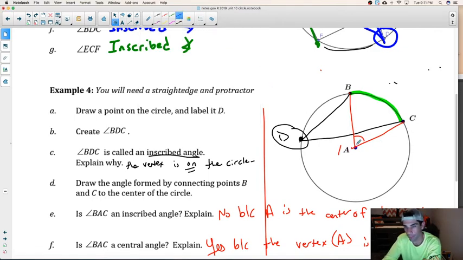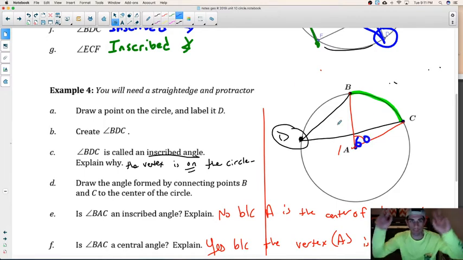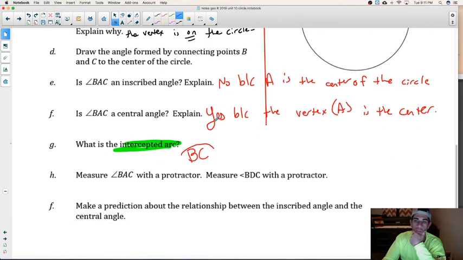Let's pretend I looked at this and it was 60. I measured it with a protractor. Then I'm going to measure BDC, and it's going to be 30. Okay? I just know these things. What's the relationship between the inscribed angle and the central angle?